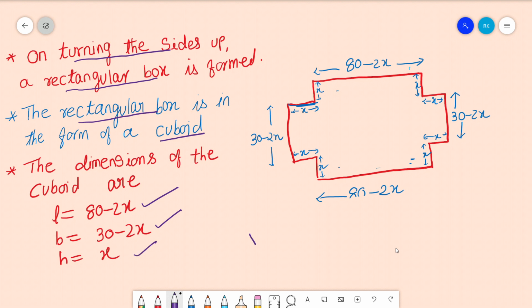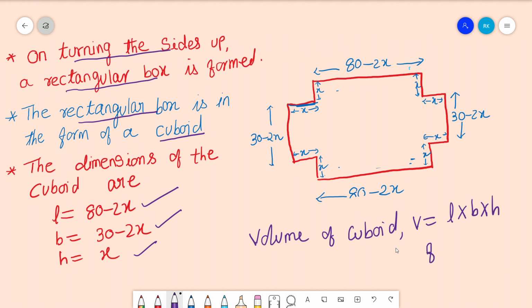Now volume of cuboid, V is equal to length into breadth into height. On applying this formula, we get the function in x.